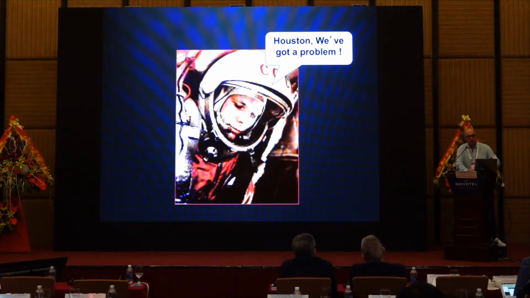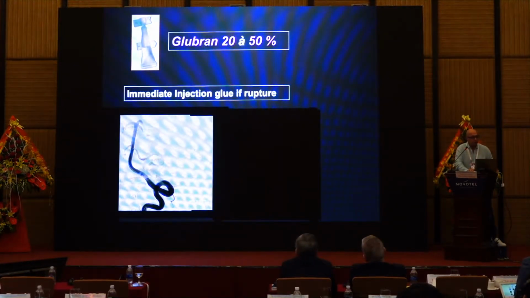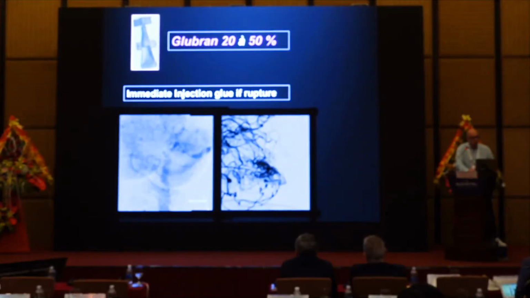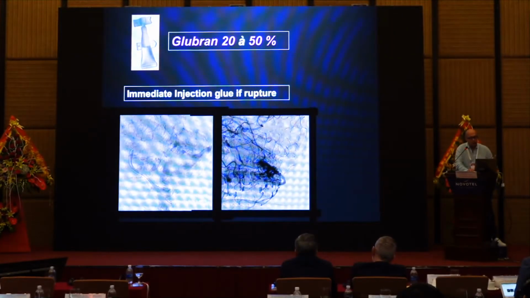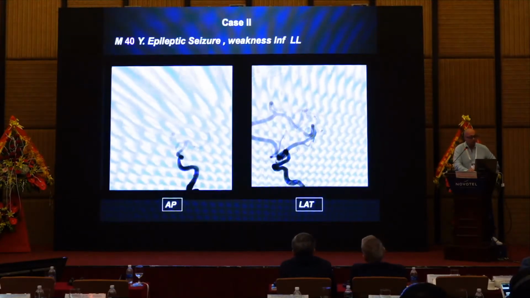If you have such a situation, you directly take glue and you inject glue. You have to close the pedicle, or else the patient can have a severe bleeding. So in this case, you have to inject a concentrated glue. This is the CT after injection of the glue for this patient.